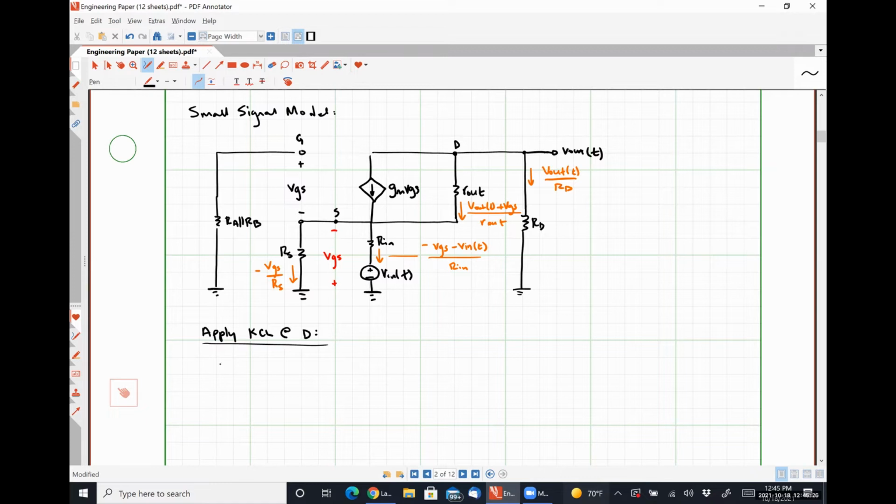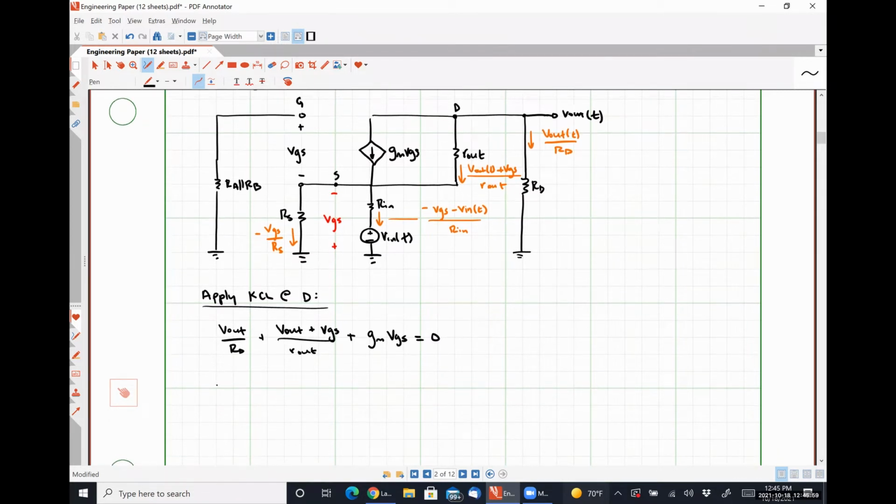what we'll wind up getting is V out divided by RD plus V out plus VGS divided by R out. I hope it's okay with you guys, I'm dropping the as a function of time dependencies here because it's just going to get annoying and in the way. And then I'll also have plus GM VGS is equal to 0.